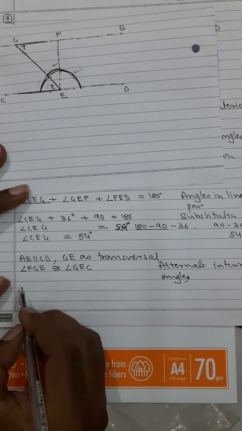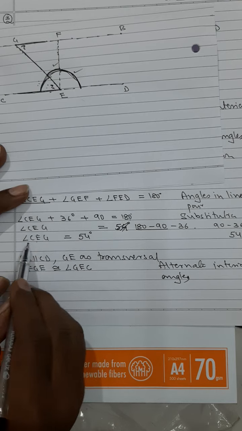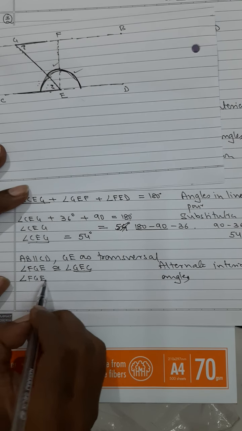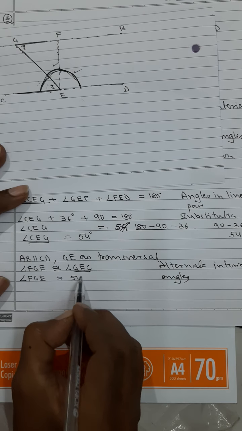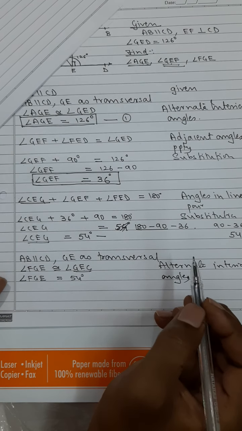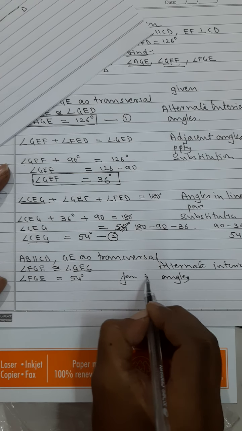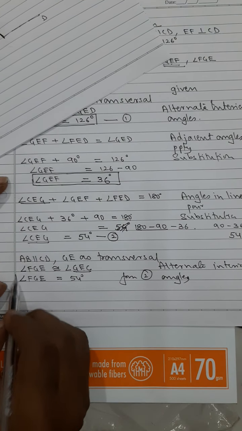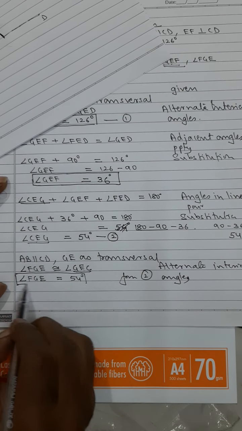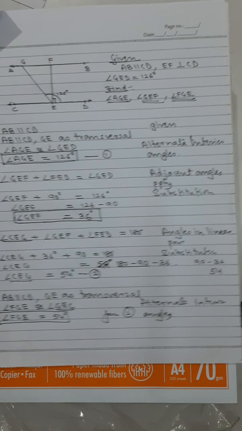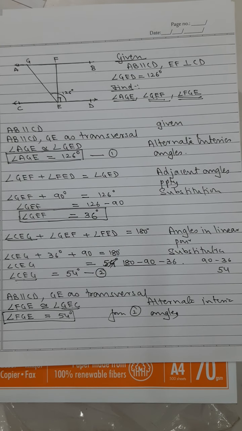So FGE and CEG, basically they both are the same. Angle FGE is equal to 54 degrees. So you got angle FGE. This is what they asked you to solve, and you got it.